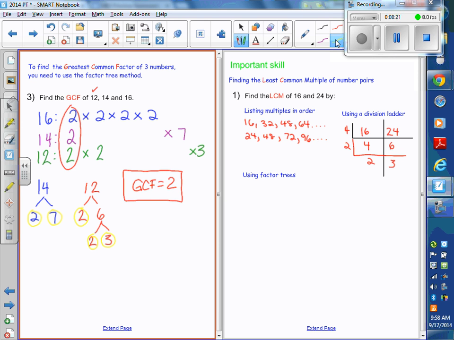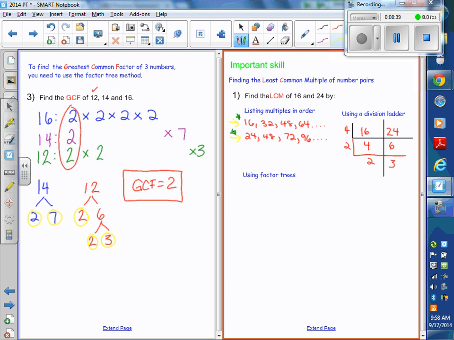One way is to list the multiples of your numbers in order from low to high and find the first one that's common to both. So this top row has the multiples of 16, and the second row has the multiples of 24. And the least common multiple, the first one that's common to both, is 48.